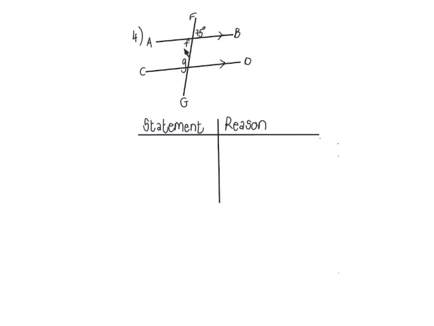So I can see that F and 75 are vertically opposite angles because this is a straight line intersecting the straight line AB. FG intersects AB. So I can say that they're equal in size. So F is equal to 75 degrees because they're vertically opposite angles.